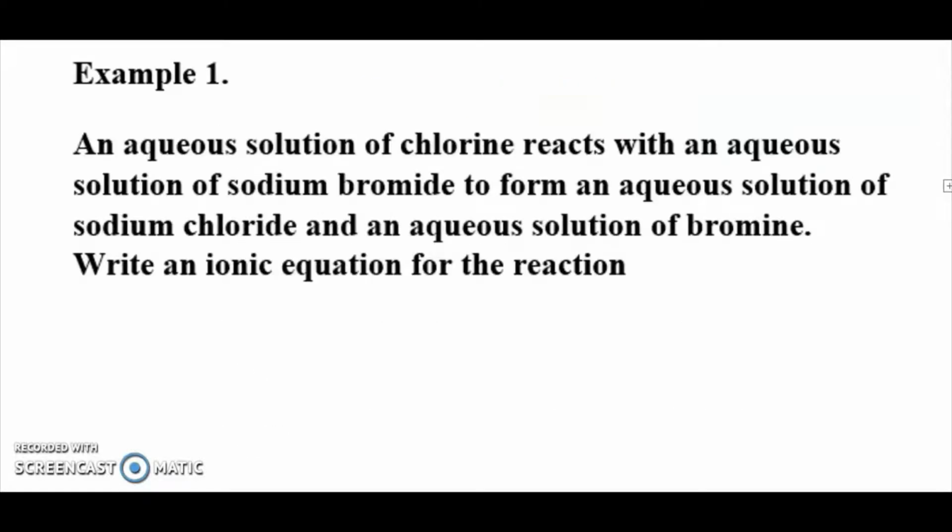So here we have an aqueous solution of chlorine. Chlorine is a diatomic element. It is in the aqueous state, that is our state symbol, plus it reacts with aqueous sodium bromide.